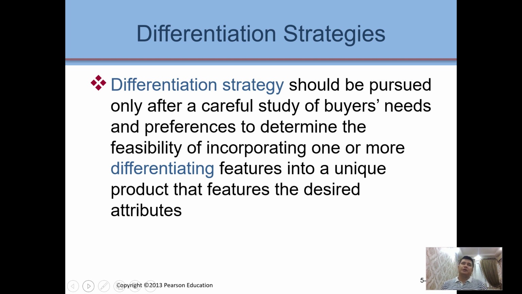For example, they may like your products or services the way you are doing them now. If you apply a differentiation strategy, you have to know beforehand that the buyers' needs and preferences are good for this change.